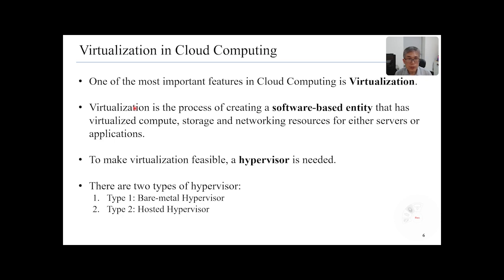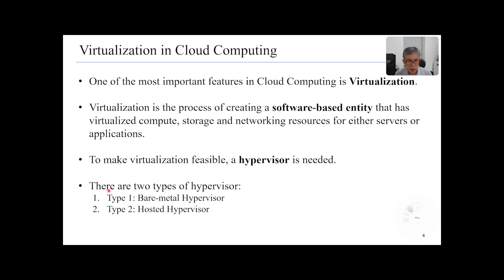So virtualization is important in cloud computing. One of the most important features of cloud computing is virtualization. Virtualization is the process of creating a software-based entity that has virtualized compute, storage, and networking resources using a hypervisor.